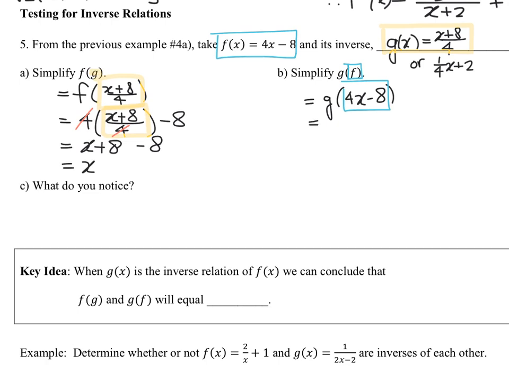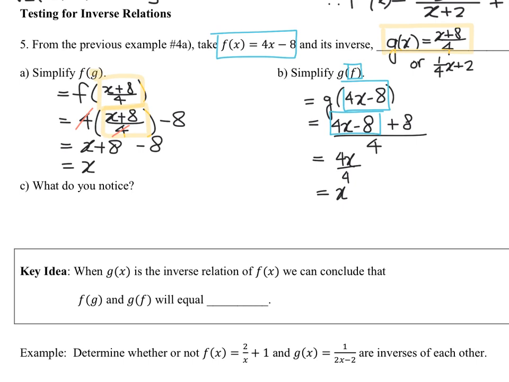So that means I need you to now take this x and replace it with 4x minus 8. So that means we're going to have 4x minus 8 and then plus 8 all over 4. Okay, and then we're going to end up getting in the numerator 4x minus 8 plus 8, well, the negative 8 and 8 will get 0. We'll get 4x over 4, which will give us x.